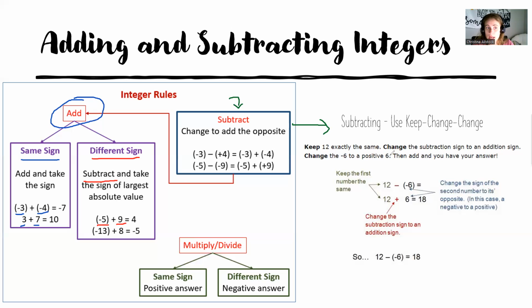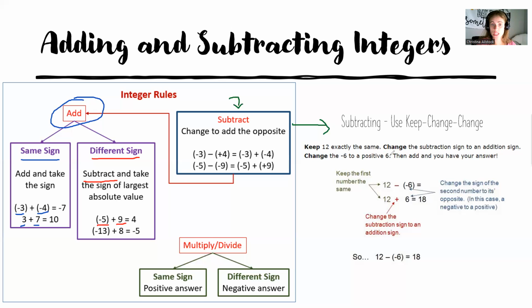If we think back to earlier lessons when we worked on dividing fractions, you remember how we used keep, change, flip, and that made it possible for us to do the division? That's kind of the same thing here, and it's a very similar phrase. We're going to use keep, change, change, and that turns our subtraction problem into addition.